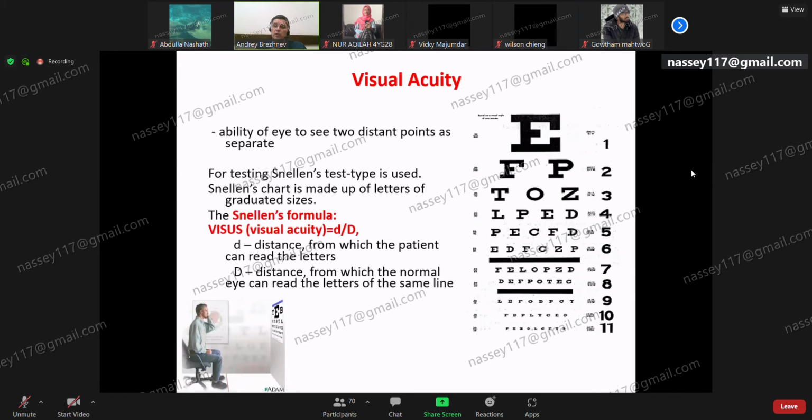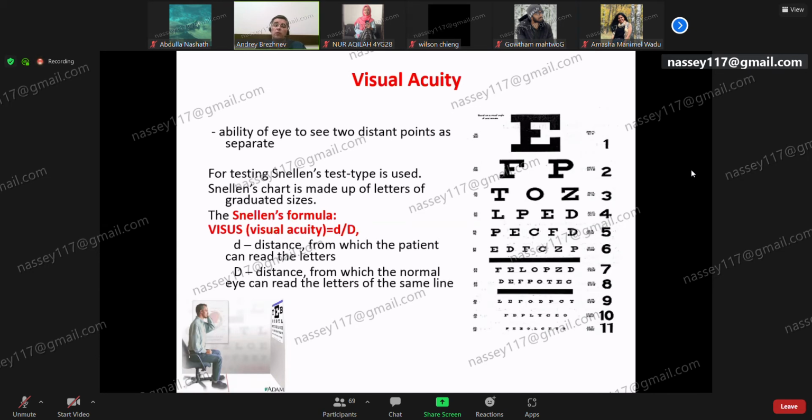Usually on the Snellen charts, you can find the large D for every line, the normal distance from which the normal eye can see, read and recognize the symbols of this line. So the task for the doctor in this case is just to measure the distance from which the patient can recognize this letter, and with the help of this formula count the result.